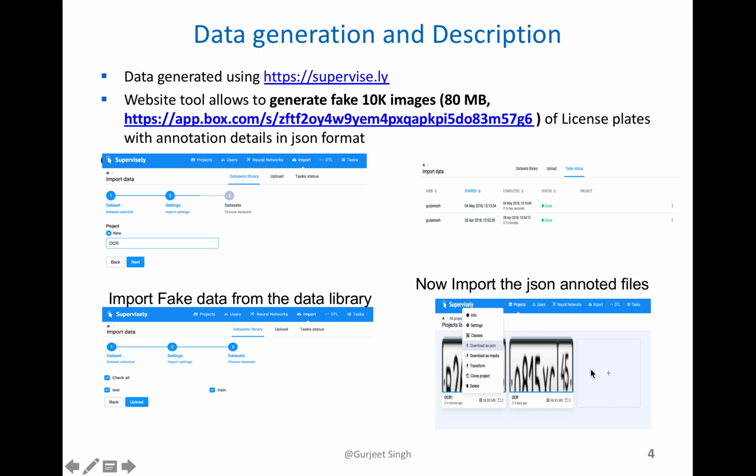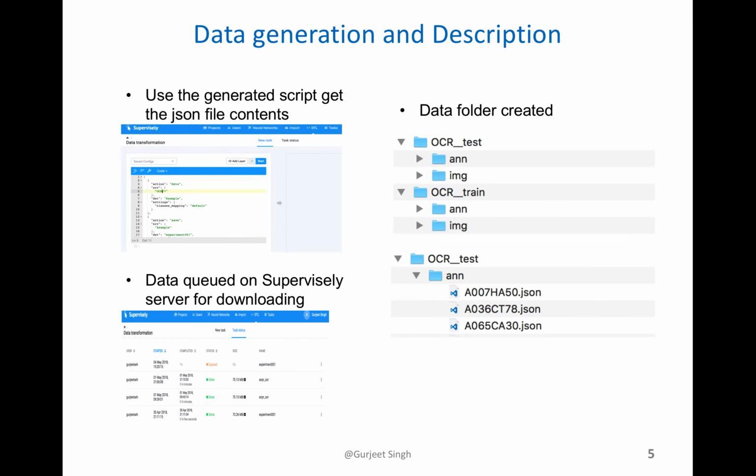This website has the capability to annotate those images. For the annotation, I wanted to have it in a JSON file, so there was a script there which I ran for the data transformation to generate my annotation.